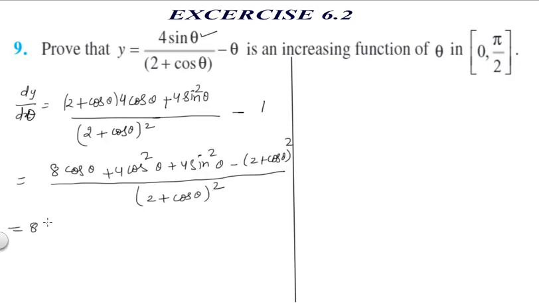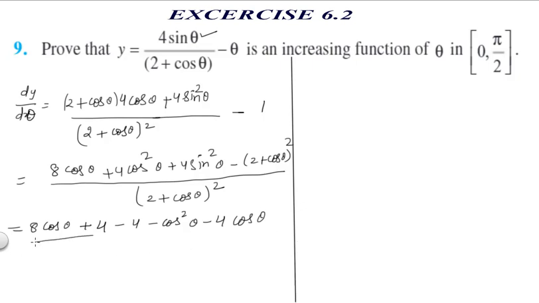Solving it, we get 8 cos theta. Now for 4 sin square theta plus 4 cos square theta, you know the identity sin square theta plus cos square theta is 1. We will get 4 only. Minus 2 square is 4, minus cos square theta. Then we will have 2ab, which is 4 cos theta. Because it is a negative sign outside, all will become negative.